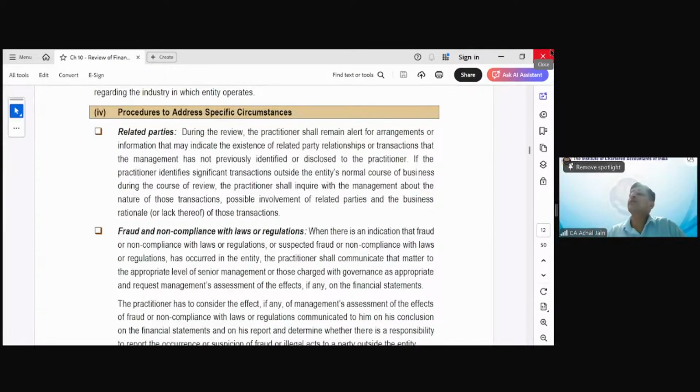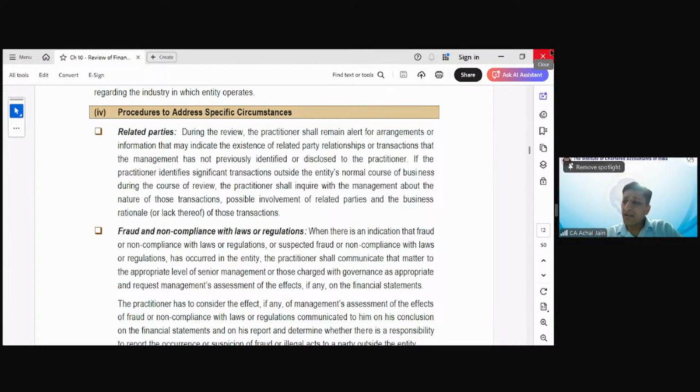Then there are, of course, going to be some critical areas which the auditor will have to look at. Related parties, and the risk assessment he would have had, because again, it's an assurance engagement. So some sort of planning he would have done, risk assessment he must be having. In terms of that risk assessment, any risk related to fraud.